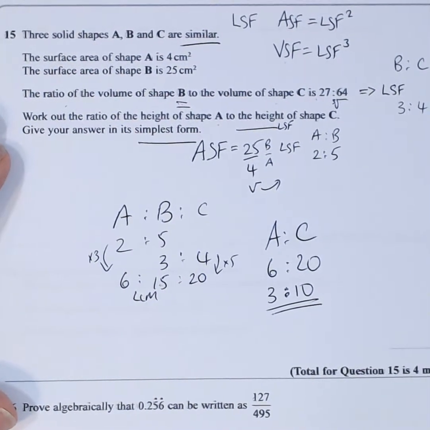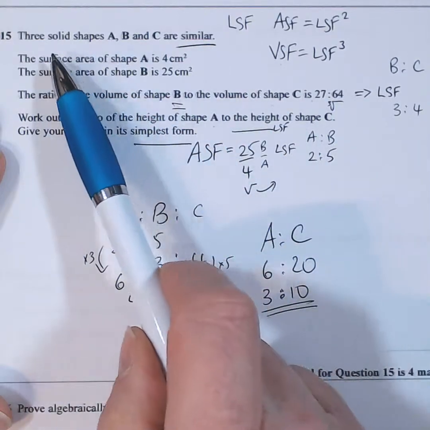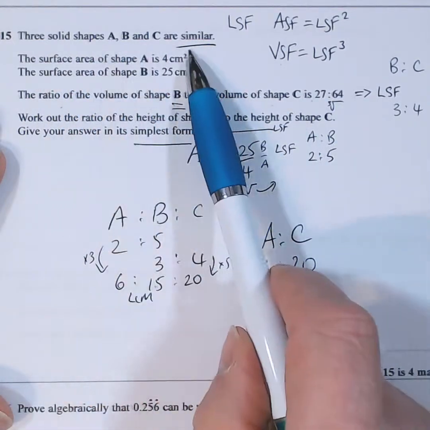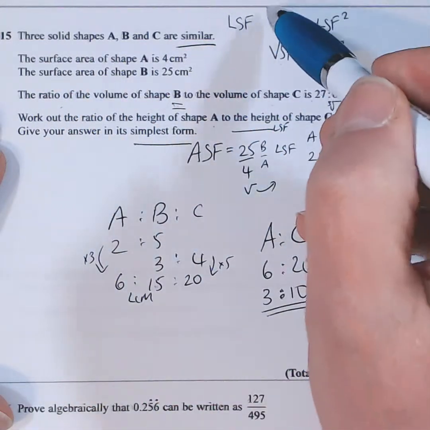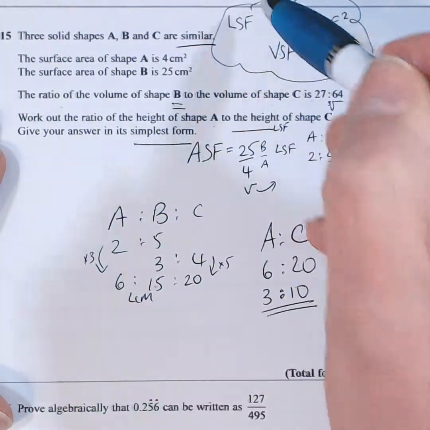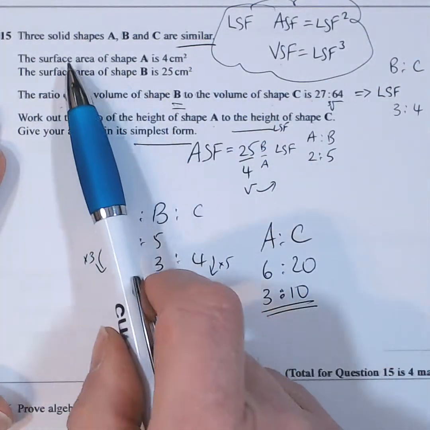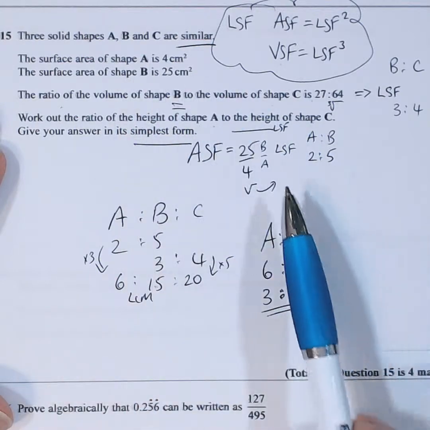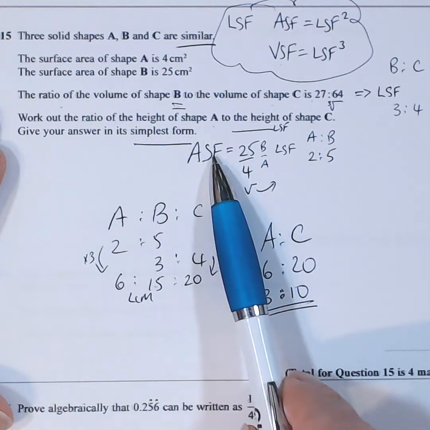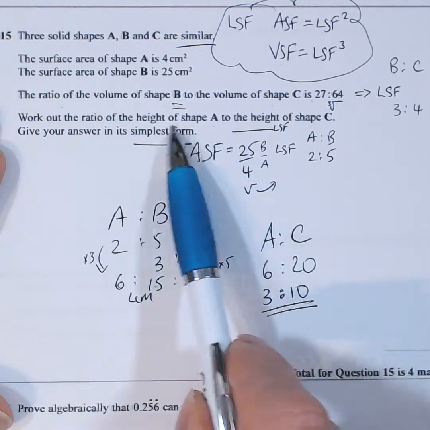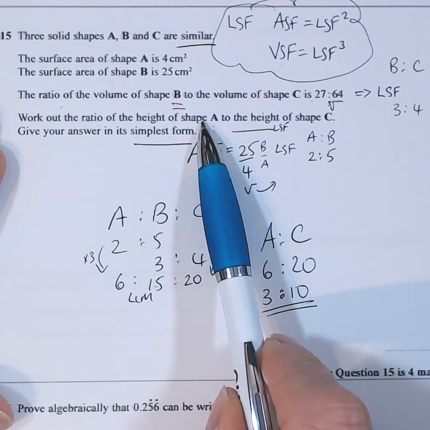Okay, so the way this question worked then is you looked at the key information. They told you it was about shapes that were similar, so we should be thinking about scale factors when we talk about similar shapes in 3D. And they told us this information about A and B, which allowed us to work out the area scale factor. But because the question talked about the height, it means we wanted to work out the linear scale factors.